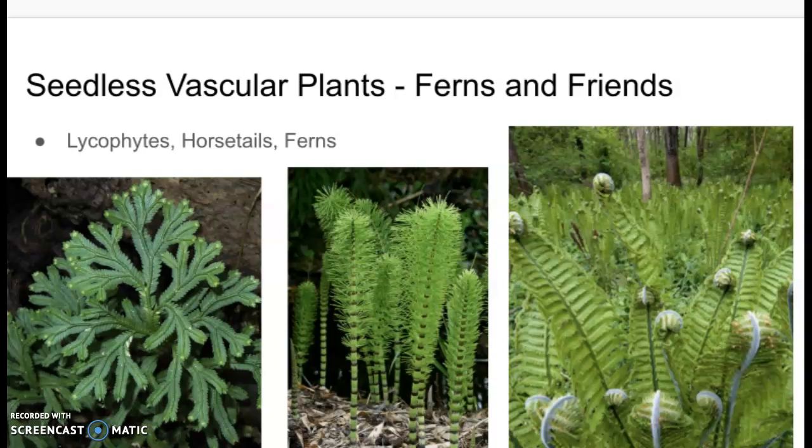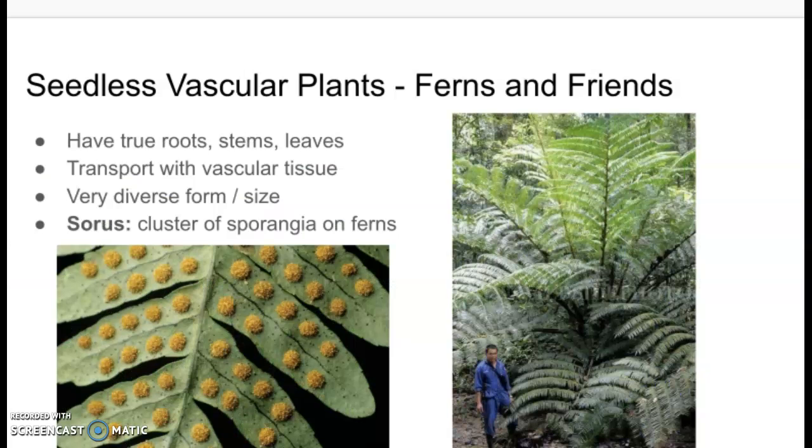The lycophytes look like mini pine trees. You might have thought that they were mini pine trees, but they're actually vascular seedless plants, which is different than pine. Vascular seedless plants do have roots and stems and leaves, and they transport material, and they have a great variety in size and form.